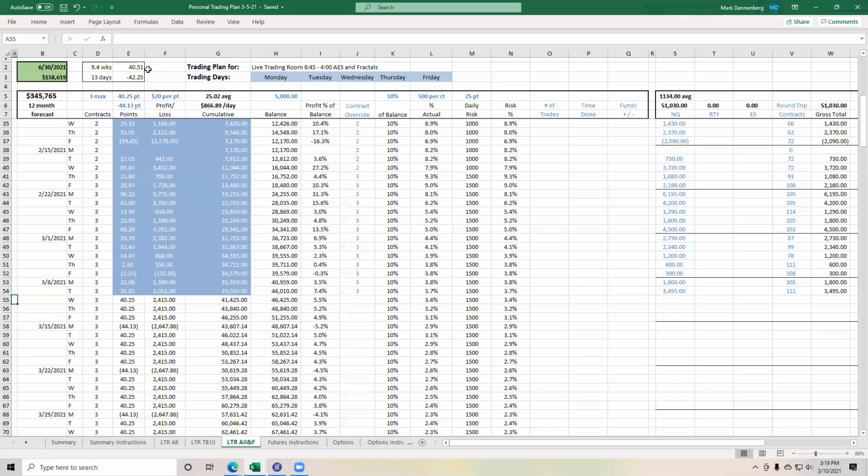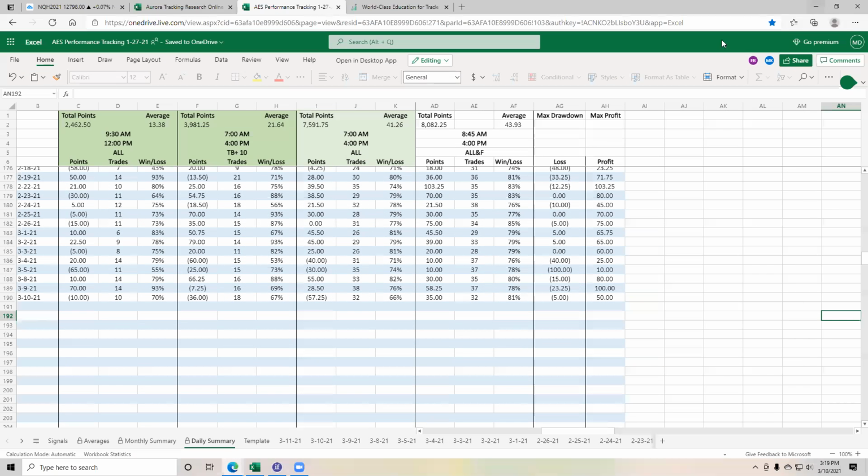And then it will forecast for the trader, as of that day, what a 52-week income could possibly be based on their personal trading performance. So we'll come back to that in just a minute.